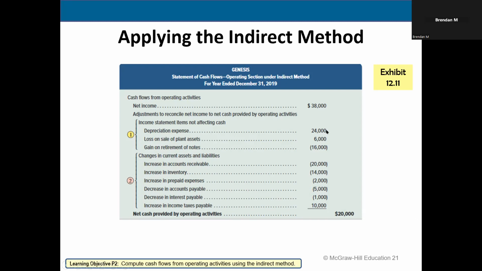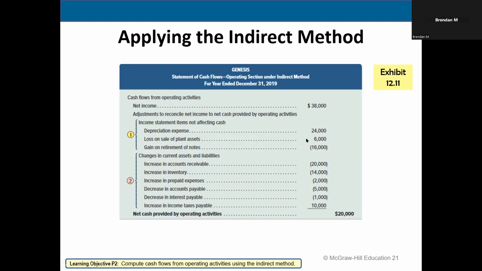By adding the depreciation back, we're coming up with a cash basis net income, if you will. So 38,000 plus 24, that would be 62,000. There's also a couple rules about the loss on a sale of plant asset or a gain on a retirement of notes.